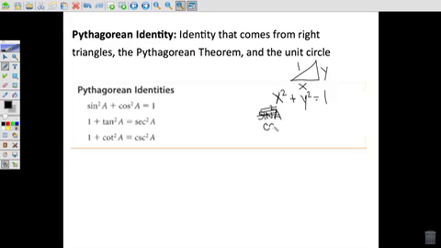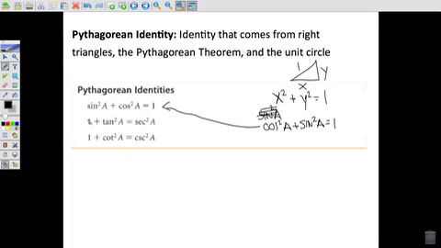Our x's are our cosines, and our sines are our y coordinates, which you have written on your other page. So from LT3, you can plug in your x coordinate and your y coordinate, so your cosine and your sine. So then we can see that we've gotten this first identity just by plugging in what we know for our x coordinate and our y coordinate.